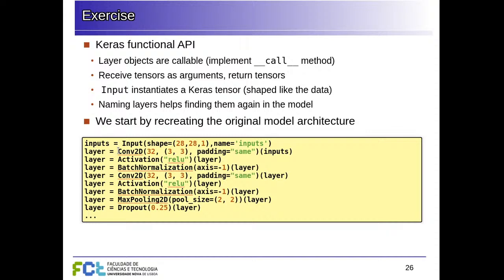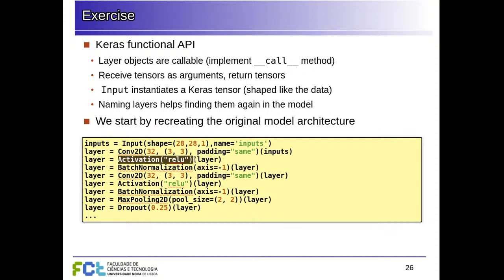So when we call these layers, we send as argument the output of the previous one, and here we store the output of this convolution 2D function applied to those inputs. We store it in this variable, and now we use it as the input for the activation function.